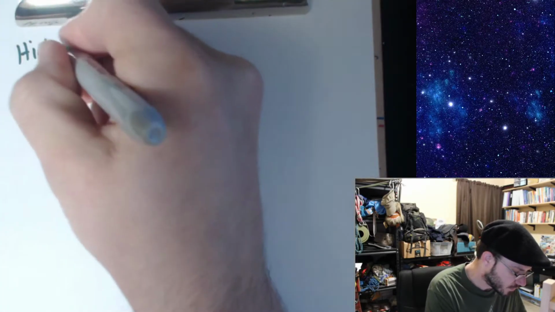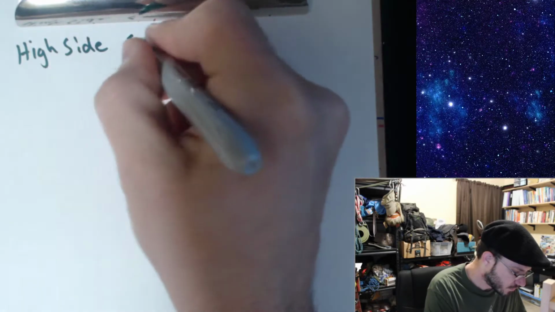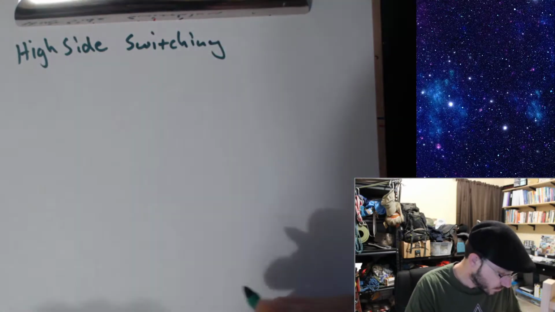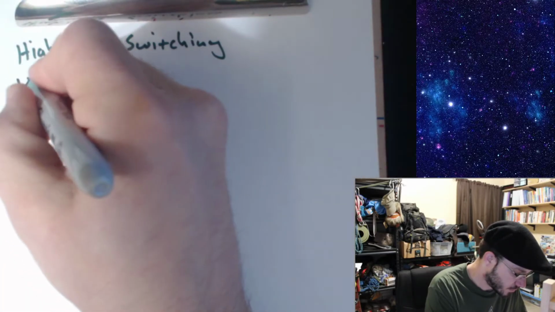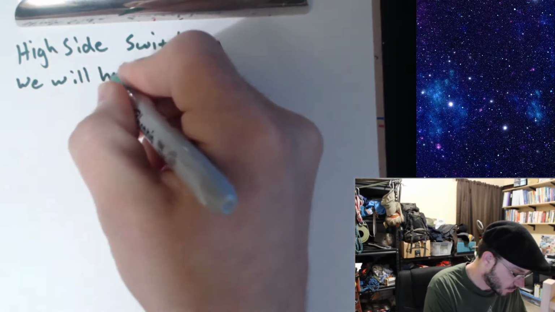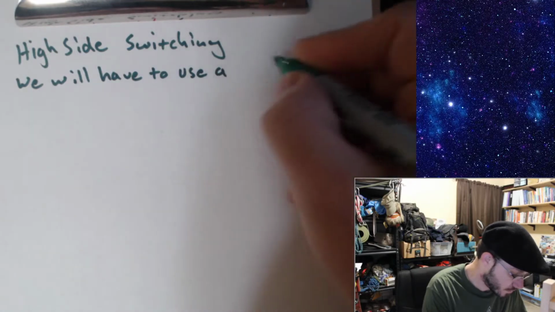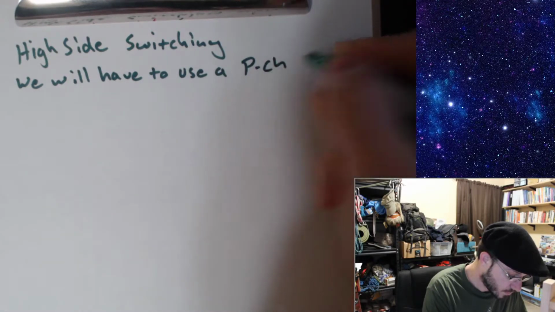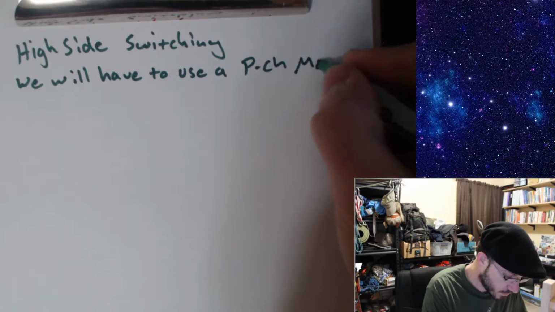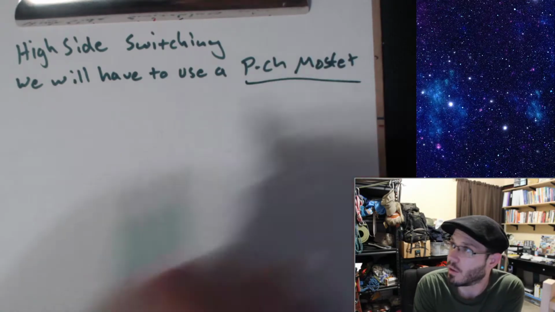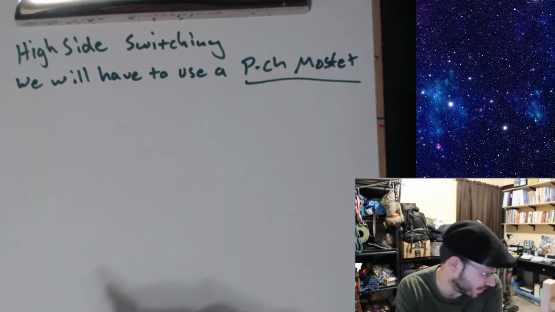So in order to do high side switching, we're going to have to use a P-channel MOSFET, not an N-channel.